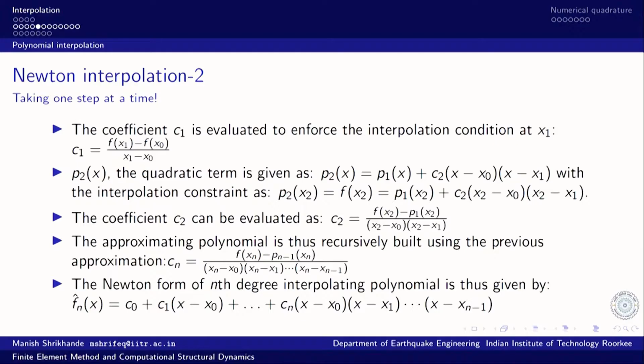It starts with a constant term, then you add a linear term, then a quadratic term, then a cubic term, and so on until you build the nth degree term.